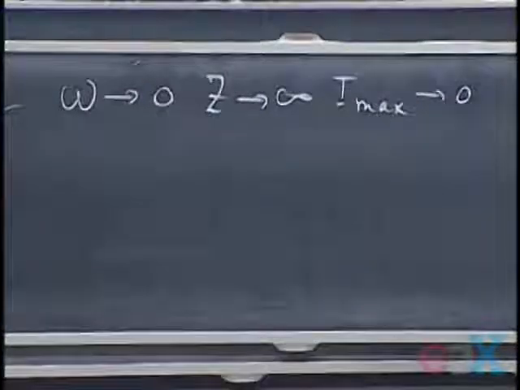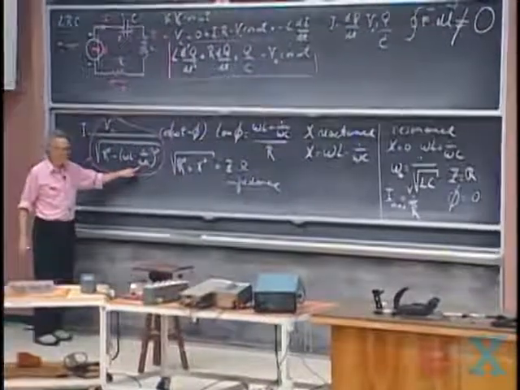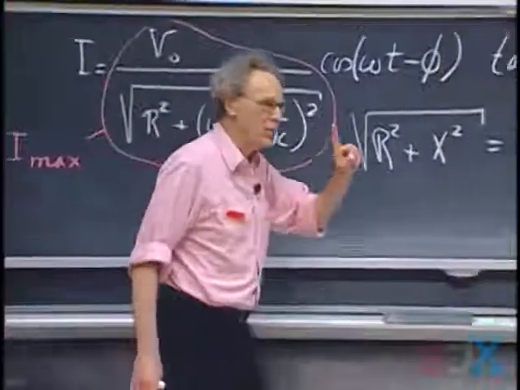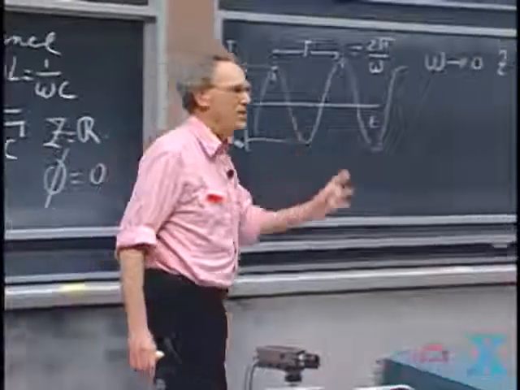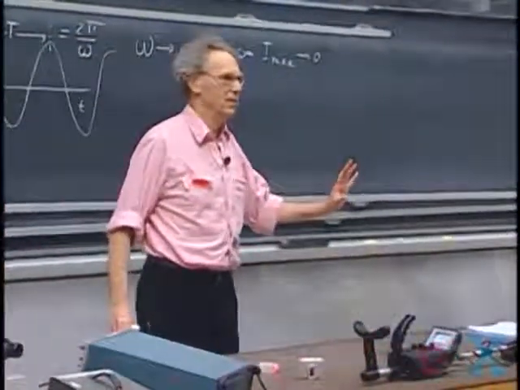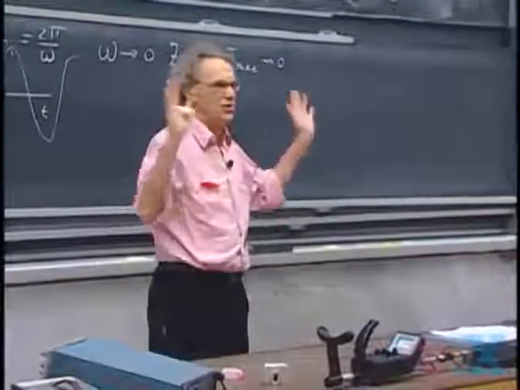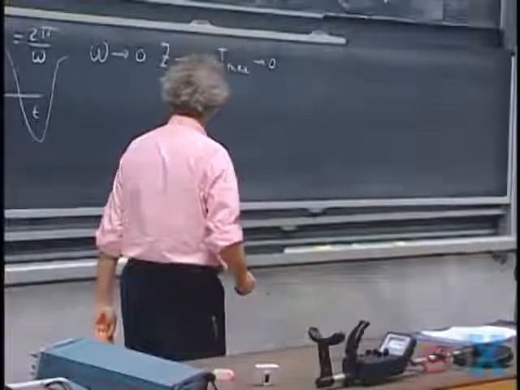And the person responsible for that is the capacitor. Because if omega goes to 0, this goes to infinity. And that's intuitively pleasing. Because omega 0 really means you have no AC anymore, you have DC. And with DC, you charge up the capacitor, and when it's fully charged, no current can flow anymore. So that's intuitively pleasing.